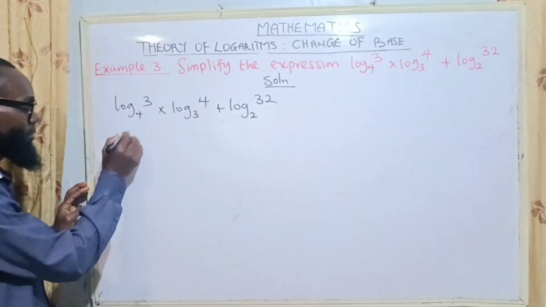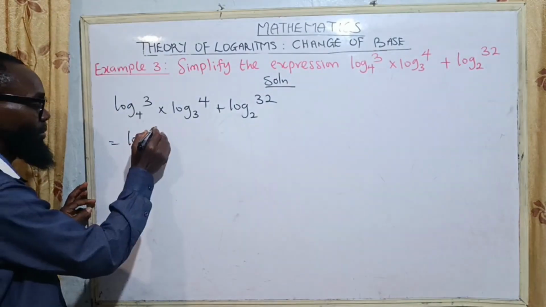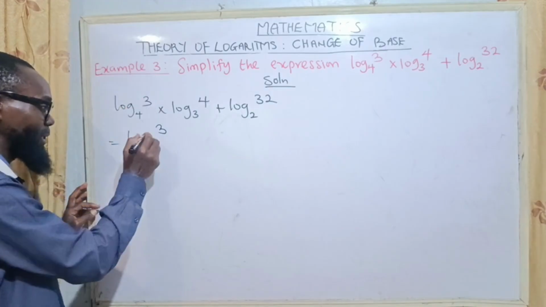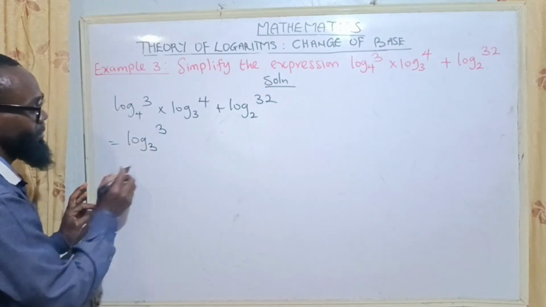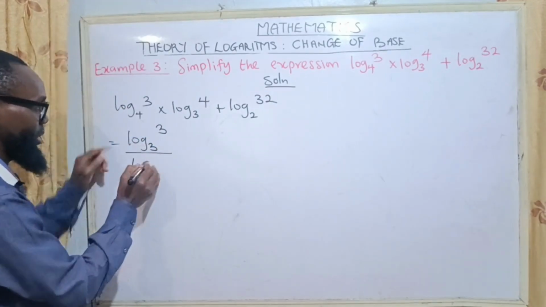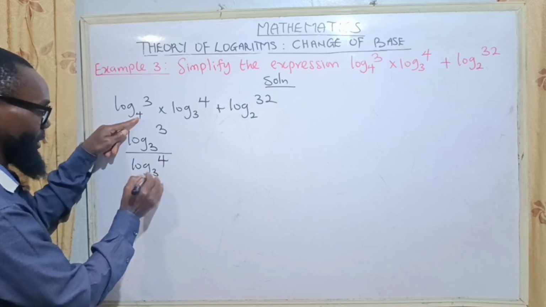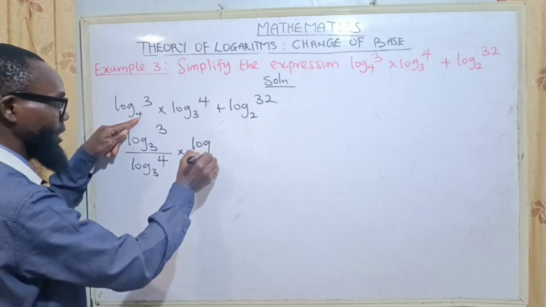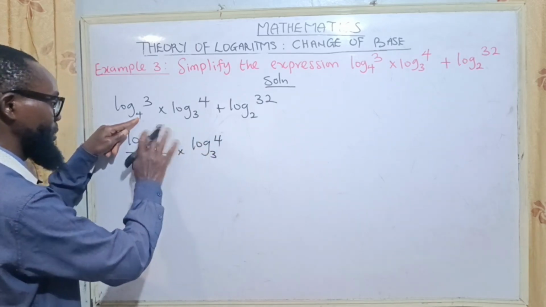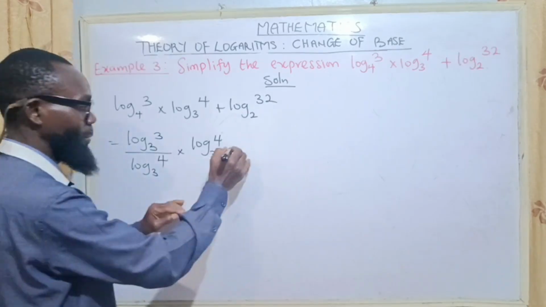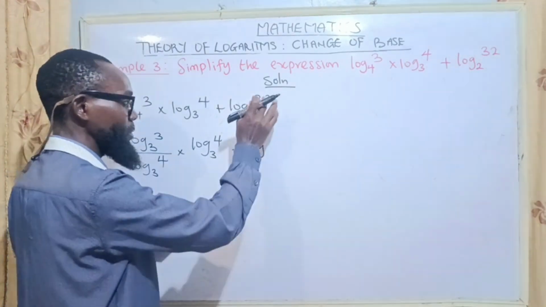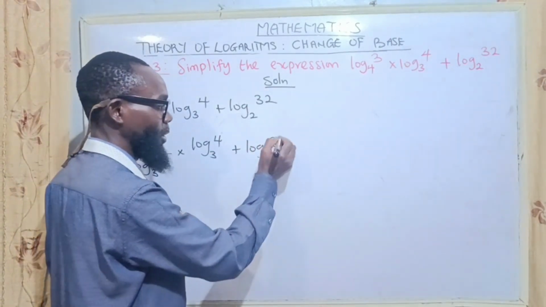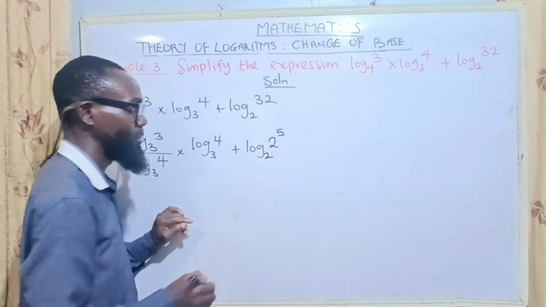I can say log 3 to base of this 3 over log 4 to base 3, then times log 4 to base 3, plus log 32 can be written as 2 raised to power 5, base 2.